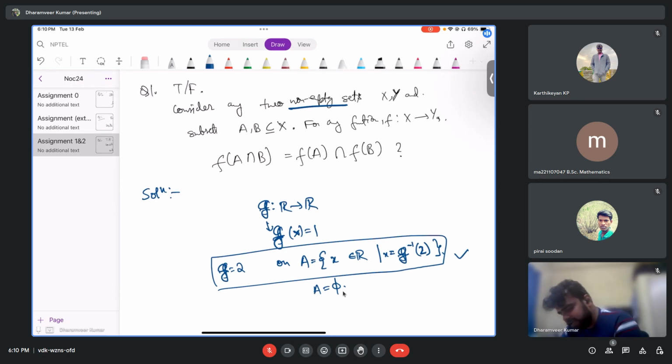Let's say if I write g of phi, how do you define it? Do you know what it is? Any understanding of this?